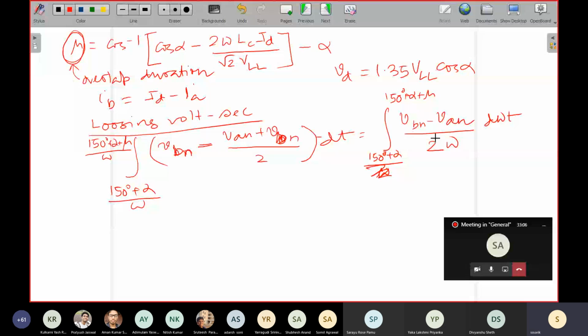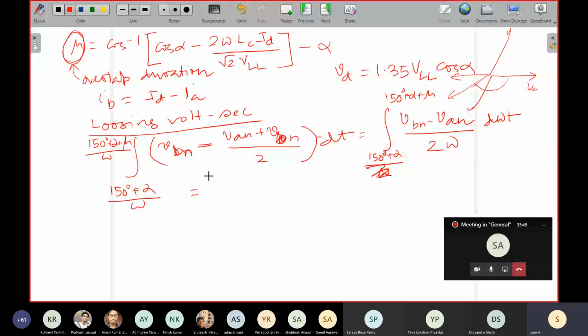This is VA, this is VB, so VB minus VA, and this is minus VA. VB minus VA is at an angle of 150 degree. So you put that and integrate.